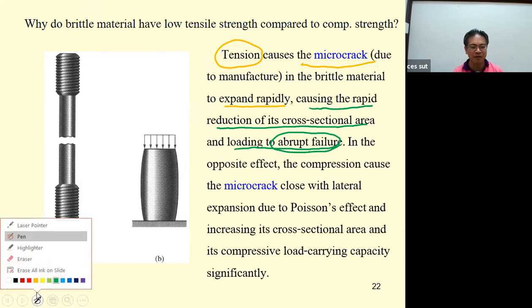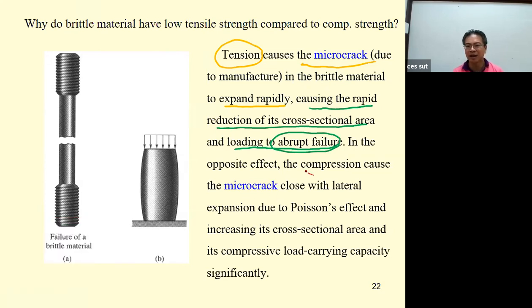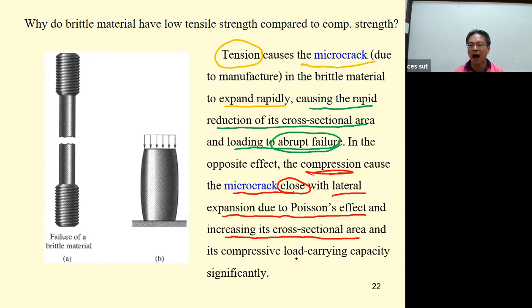In the opposite effect, when in compression, the micro cracks close, and there is some lateral expansion due to the Poisson effect that will increase the cross-sectional area. That's why the brittle material here has very high compressive load carrying capacity.